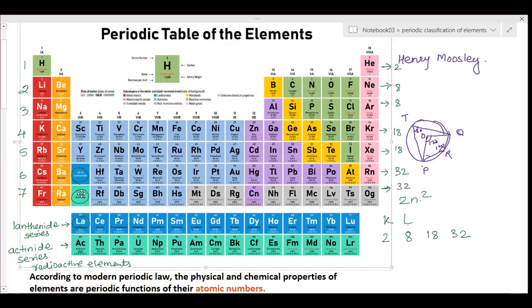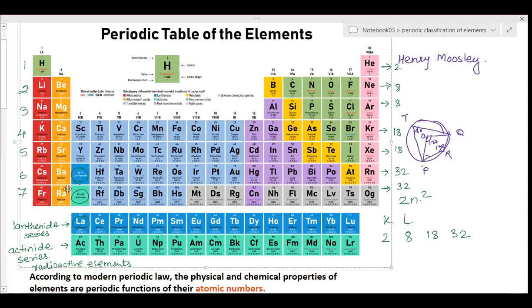And similarly here also, from 89 to 103, all of these elements have properties similar to those of actinium. So therefore these are placed at this position. When you count all of these plus these, it will be 32 elements.